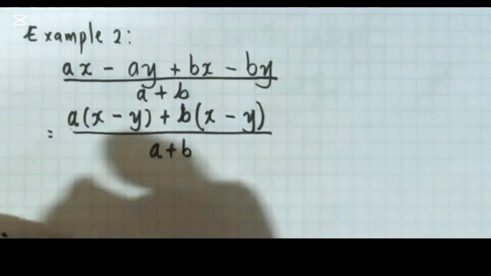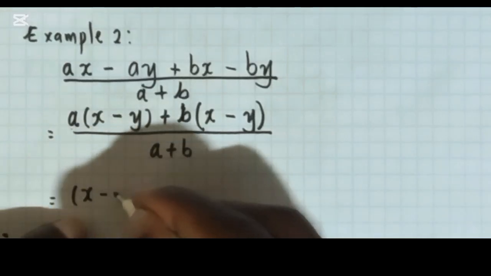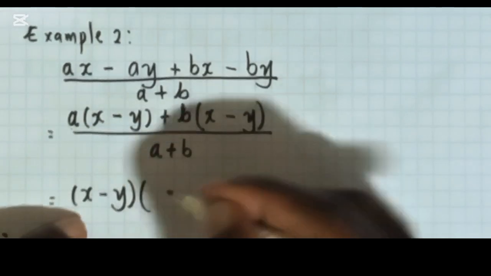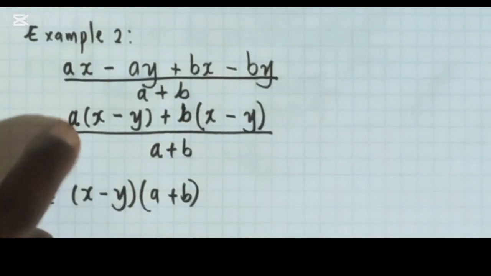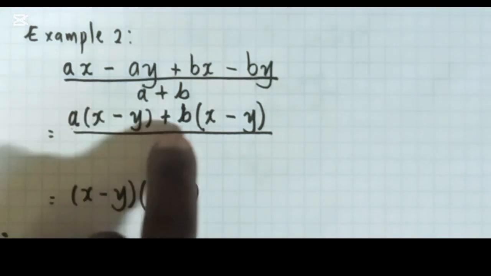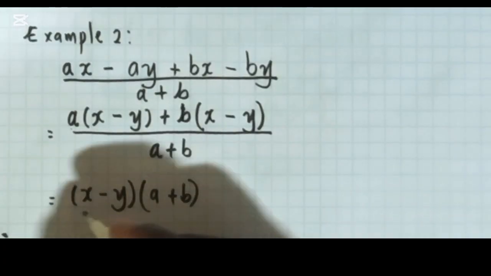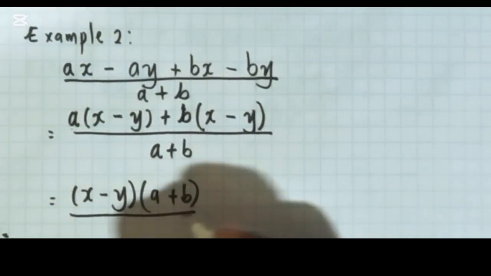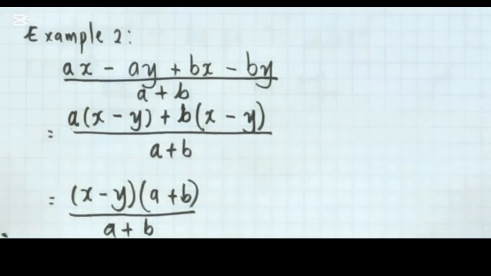What that simply means is that we're going to have x minus y as our first bracket into a plus b. So x minus y, we'll just pick one of the brackets, into a plus b. That is the terms that are outside those brackets that we treated as the common divisors. And all of that all over a plus b in the denominator.